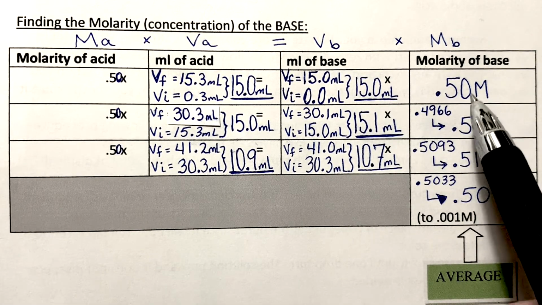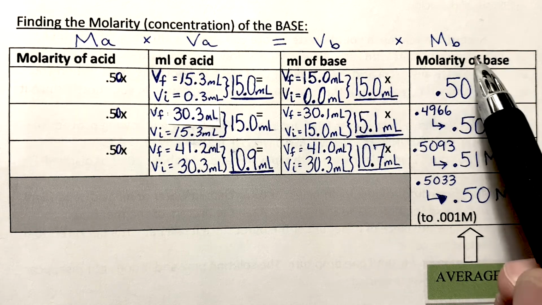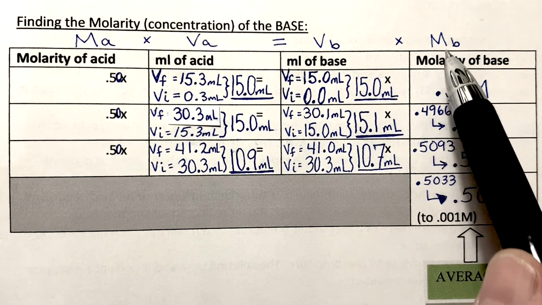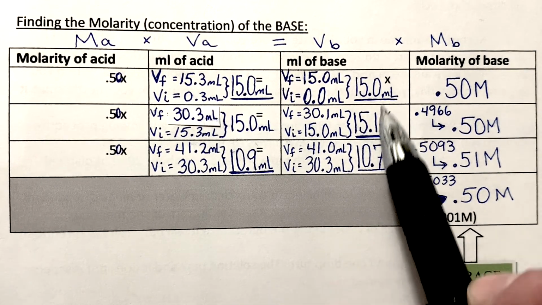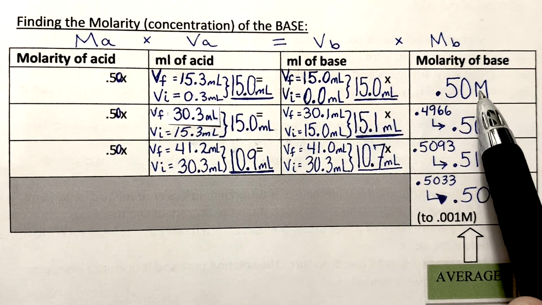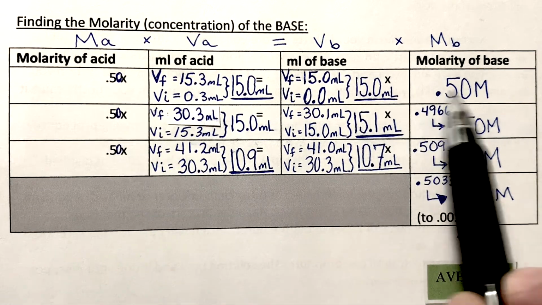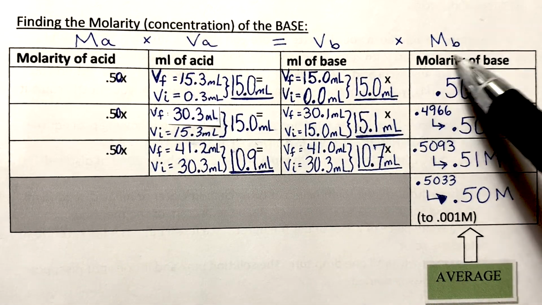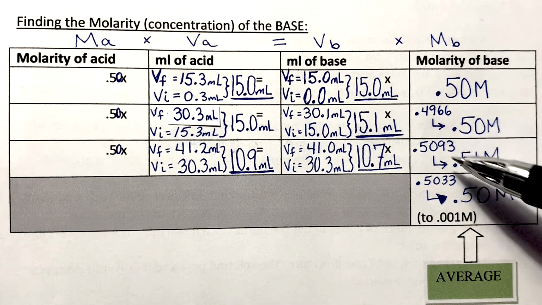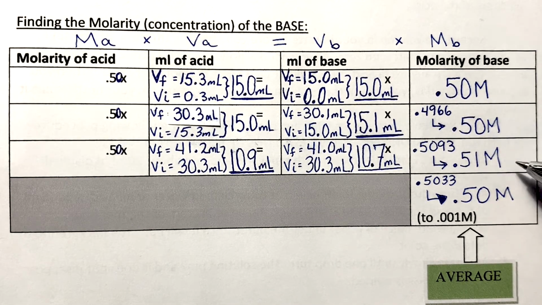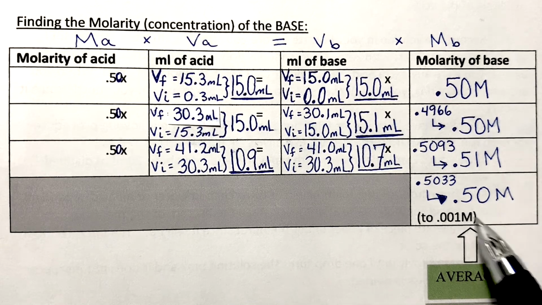We then were able to calculate the molarity of the base just by solving for MB. We knew this value, we knew this value, we knew this value, but we didn't know the molarity of the base. So for each trial, we solved for MB, the molarity of the base. Once I got each trial's molarity for the base, I then took all 3 of my trials, added them up, divided by 3, and found the average.